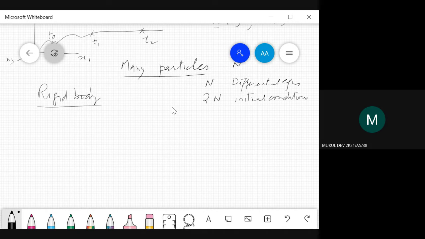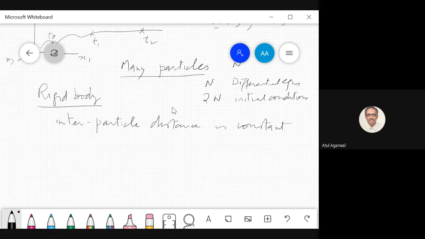If we take any two random points on the body and the body moves, the distance between the points remains the same. Okay, basically the interparticle distance is constant. That is the constraint of a rigid body. It is like many-particle mechanics, but you cannot change the interparticle distance.